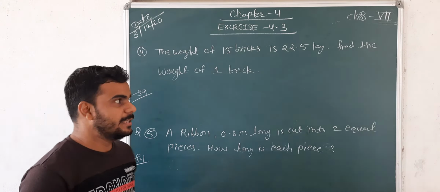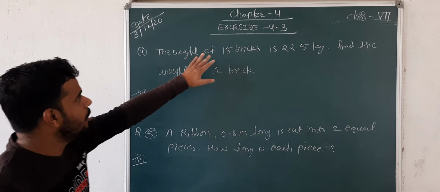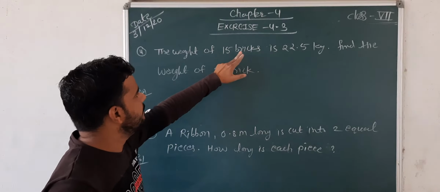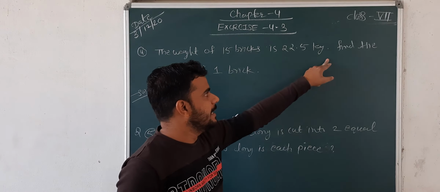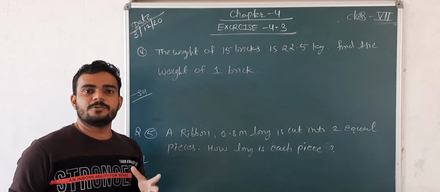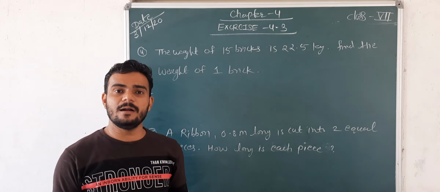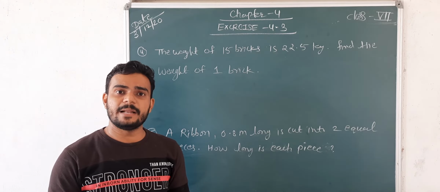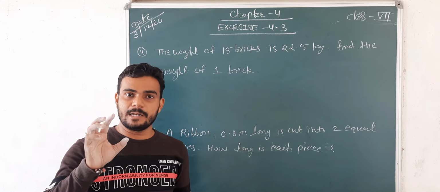Okay student, so the next, fourth question: the weight of 15 bricks is 2.5 kg. Find the weight of one brick. In that question we have to divide. How do we know whether to divide or multiply? Just remember one thing.